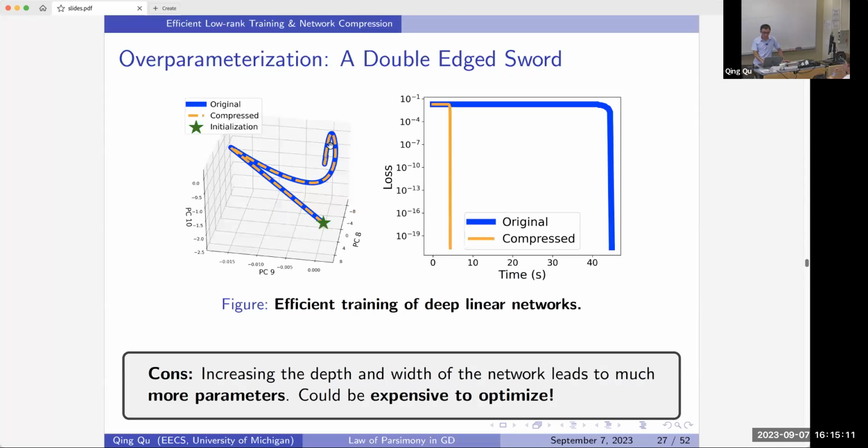So over-parameterization is a double-edged sword. On one hand, it improves sample complexity and your performance in the over-parameterized, rank overestimation regime, but it will slow down the computation per iteration. So the question is whether we can achieve the best of both worlds: faster convergence, but also similar performance to an over-parameterized deep linear network.